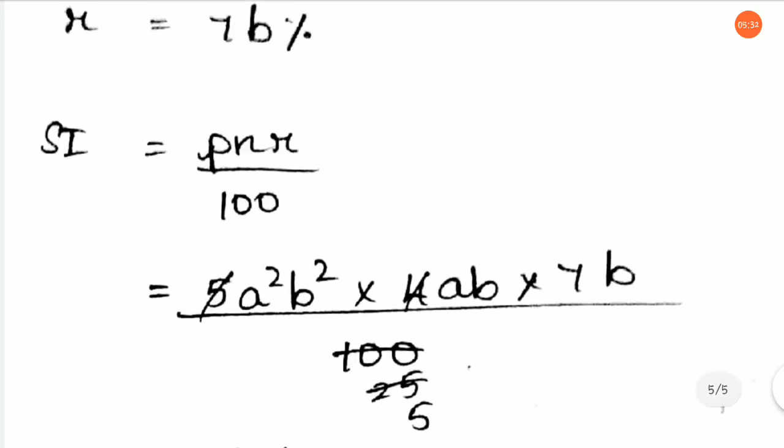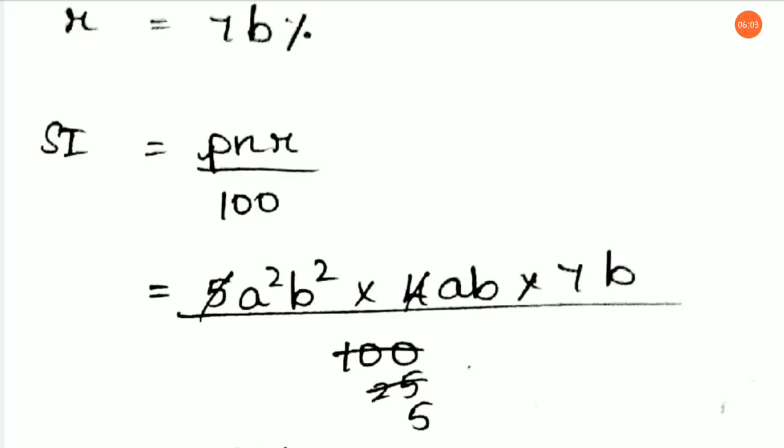And then we are going to simplify. First, shall we cancel this 4 and 100? So it will go 25 times. And then cancel this 25 and 5 times. Then what we will do? The next step is you have to simplify and write. So in the denominator 5 is there, you should not forget it. Then again we can see the same variables, right? So a square is here and a is here. What did we learn previously?